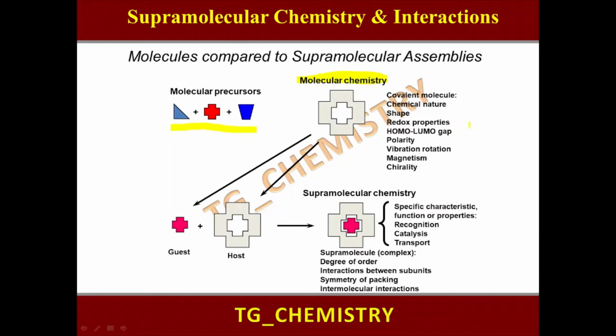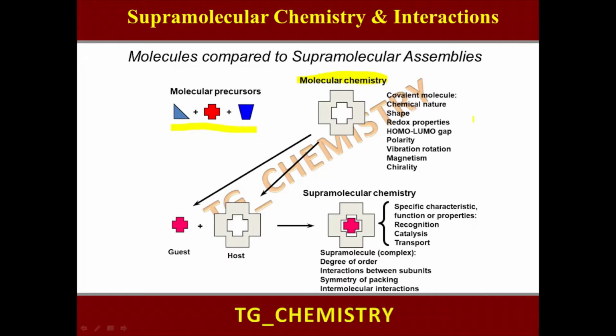And in covalent molecules, the features which we usually study are the chemical nature of the covalent molecule, the shape, redox properties, the HOMO-LUMO gap, polarity, vibration, rotation, magnetism, chirality, and a few more.